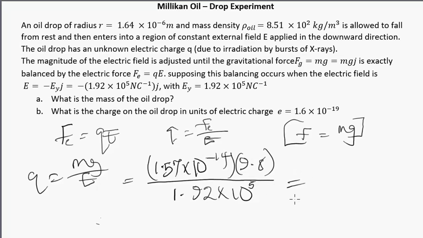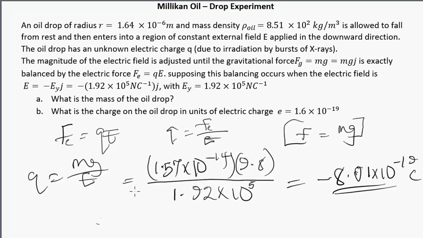Now when we check this on our calculator, we will have 8.01 times 10 to the power of minus 19 coulomb. Now notice that this is for the electron and it's going to have a negative charge, so this will have a negative.